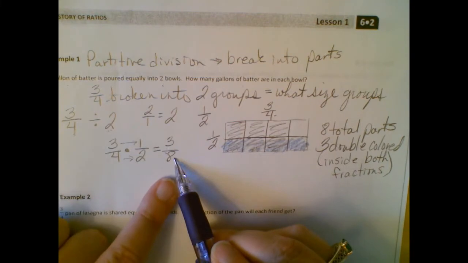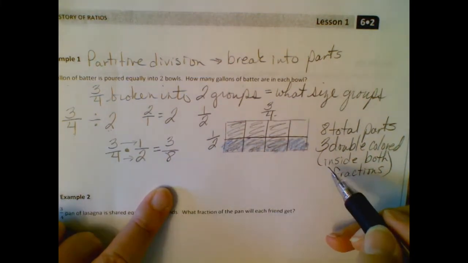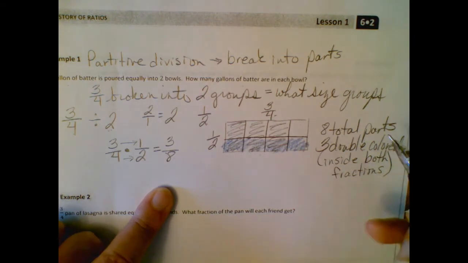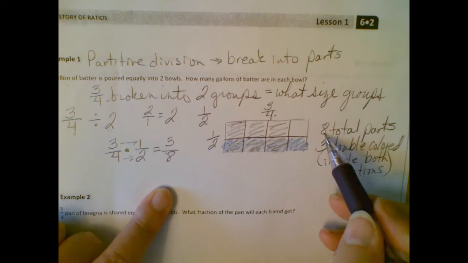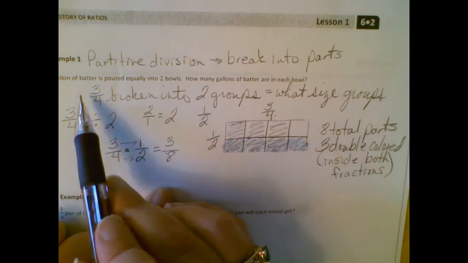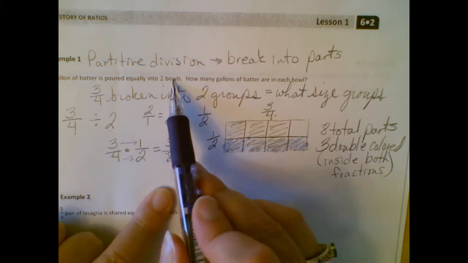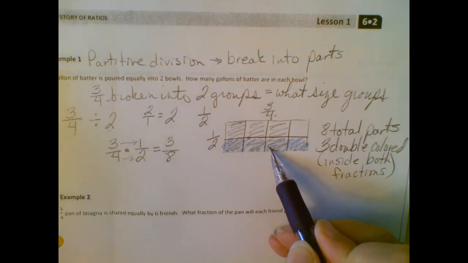Therefore, I can see in mathematical terms as well as my model terms 3 of the double colored out of the 8. So when I take 3/4 gallons of batter and I pour it into 2 bowls, each bowl is going to have 3/8 of a gallon of batter.